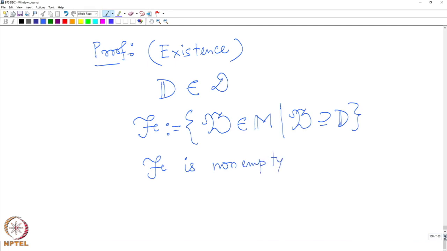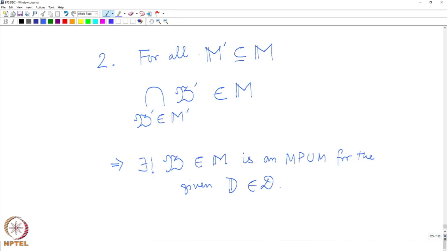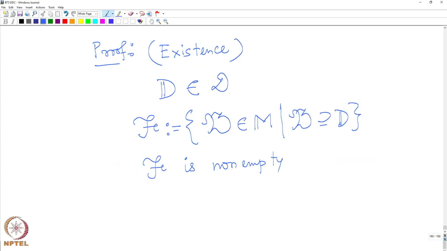Well, I should have mentioned something here as well, for all non-empty. Okay, this is important. So, F is a non-empty set, at least one element is there. Why is this non-empty? Because of assumption 1.